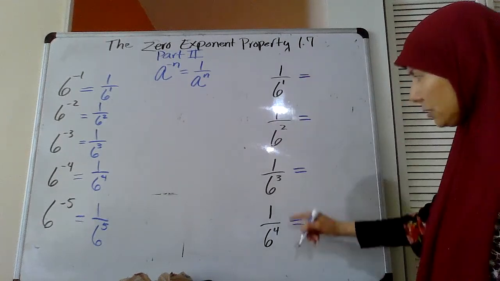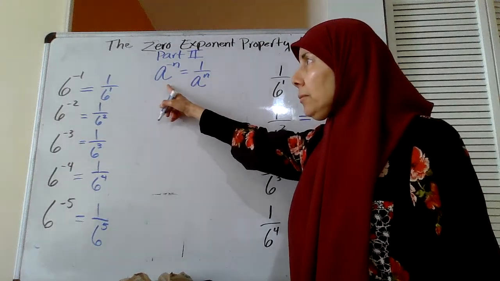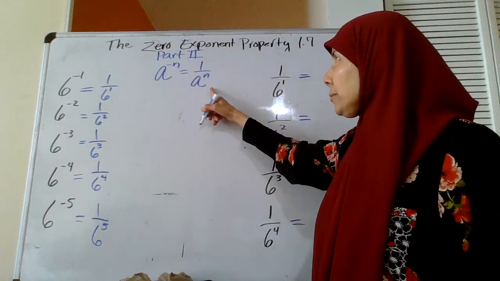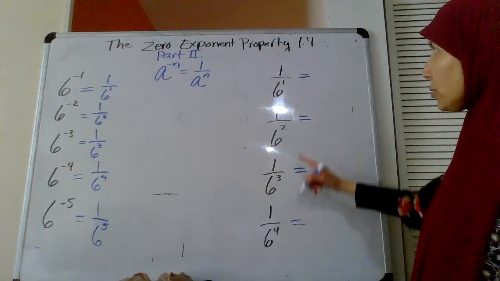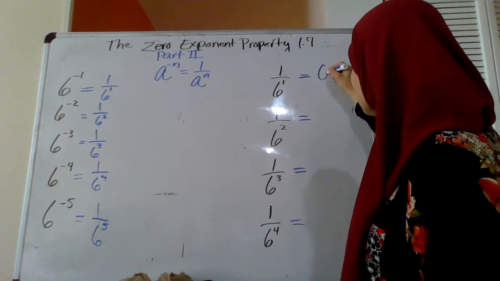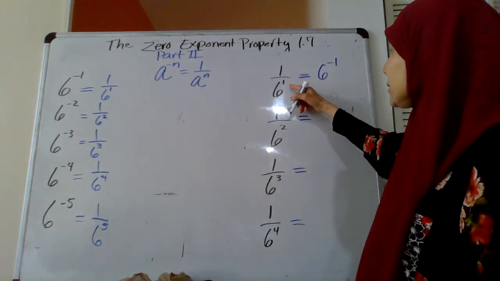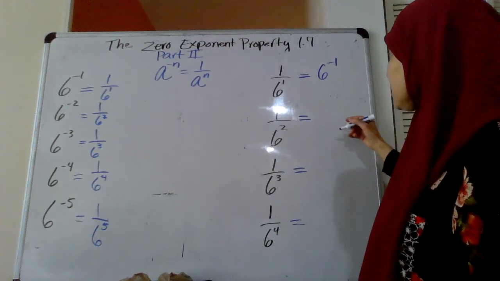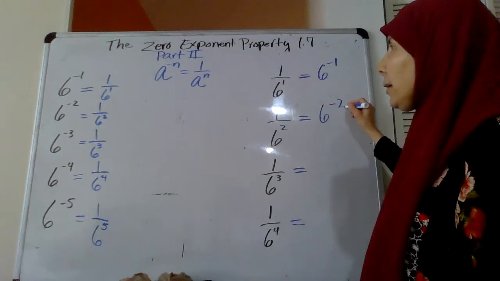If I gave you this form, will you be able to go from this form to this form? Because right now, this is the form that I'm giving you the expressions in. Let's try it. So 1 over 6 to the n is the same thing as 6 to the negative 1, because n is 1 in this case. And this is going to be 6 to the negative second power.